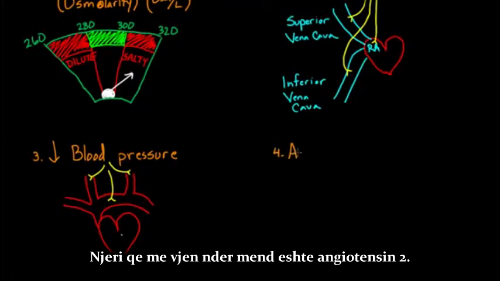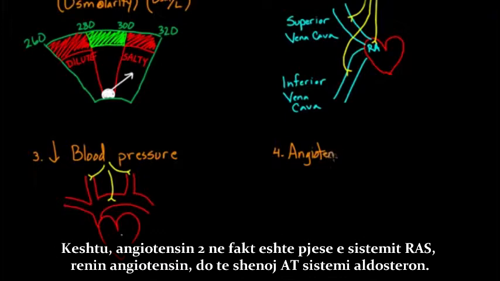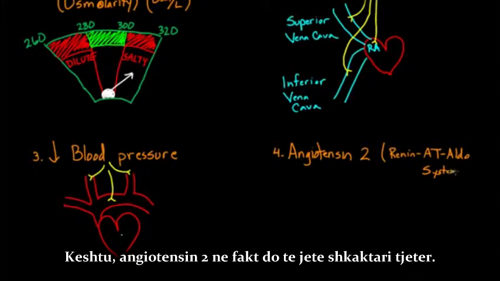Angiotensin II. You remember angiotensin II is actually part of the whole RAS system, the renin, angiotensin, I'll just write AT, aldosterone system. And so angiotensin II is actually going to be another trigger.